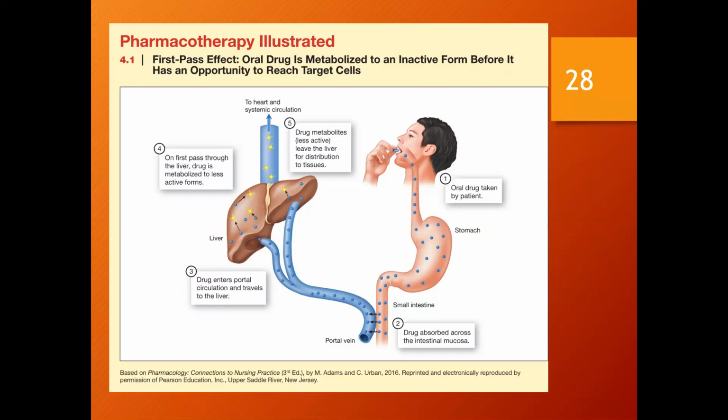That's where the metabolism happens, right? And then on the first pass through the liver, the drug is metabolized to a less active form. It's just kind of tossed off to the side, is how I think about it. Then the drug metabolites, or less active form of it, leave the liver for distribution to the tissues. So really, if they're less active, they're not going to be as effective. Okay.